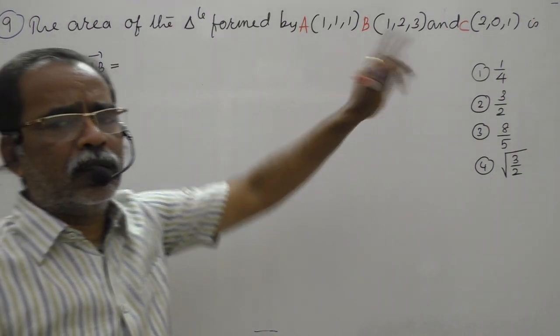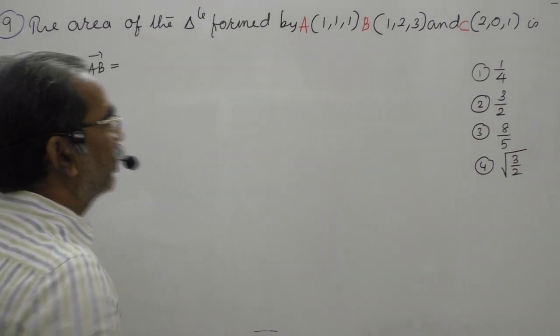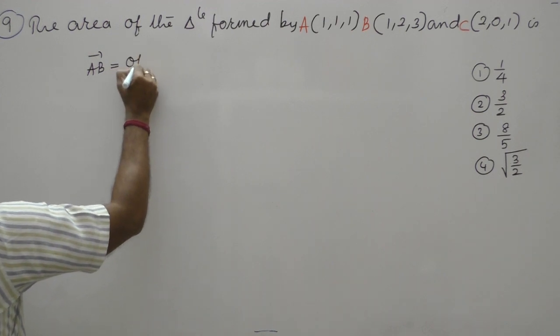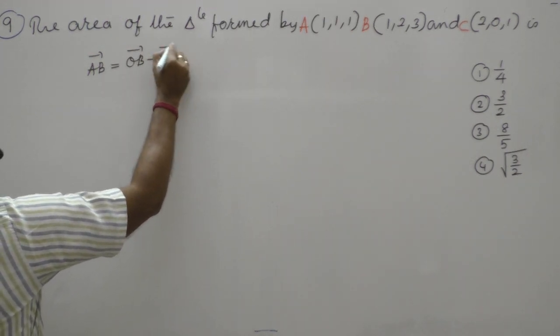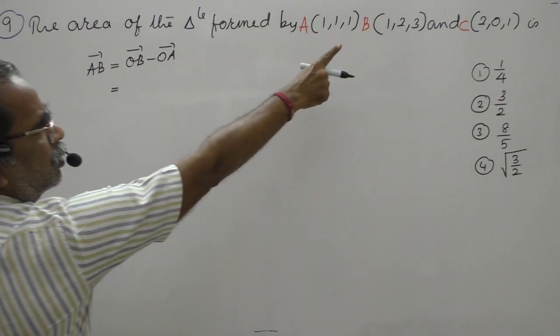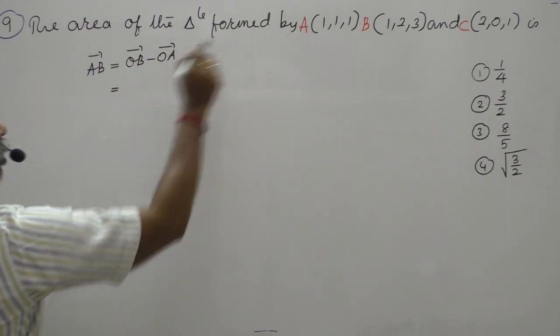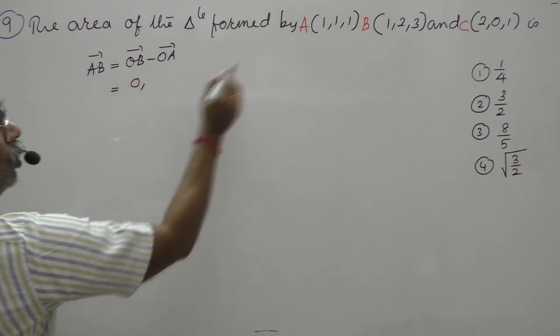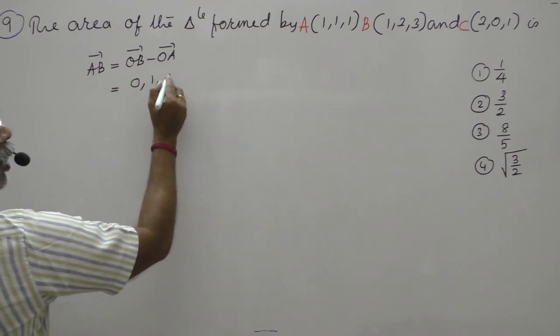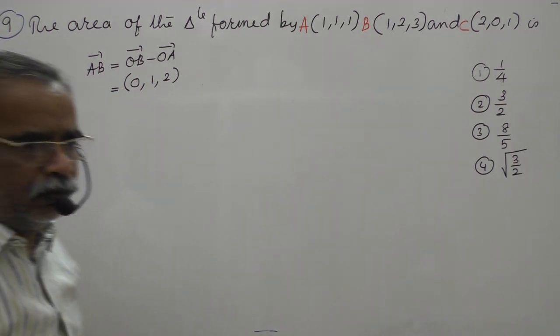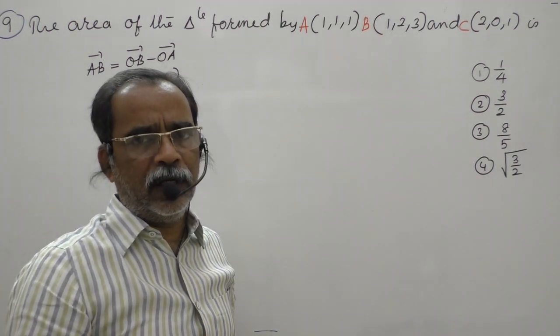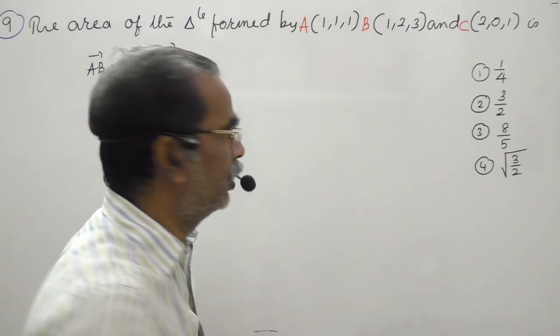These are points, that means they are position vectors. AB bar is what? OB bar minus OA bar. 1 minus 1 is 0, 2 minus 1 is 1, 3 minus 1 is 2. This is AB bar.